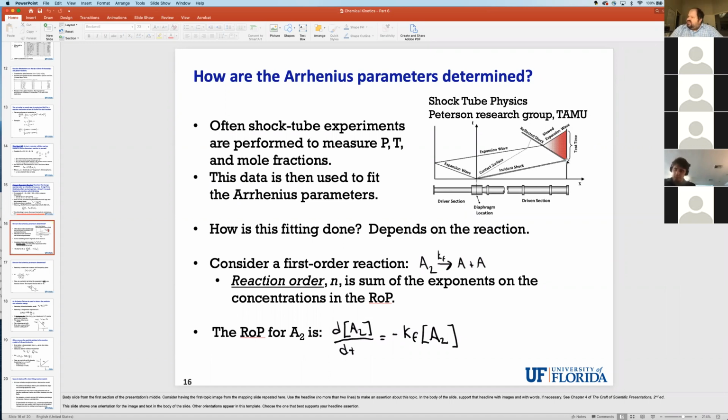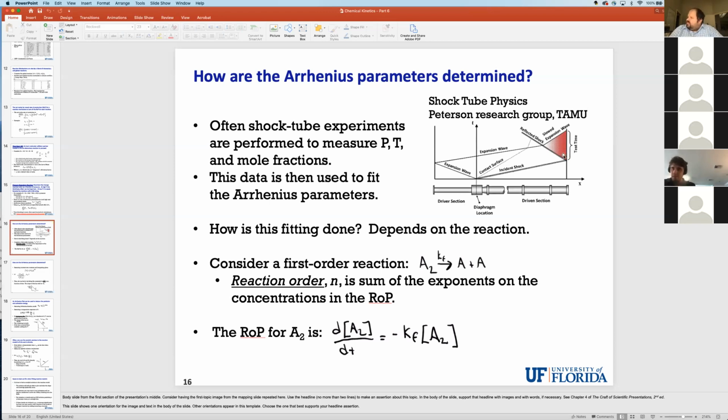That shock wave reflects off of the back wall, and in this sort of doubly shocked region here, you have higher pressure, higher temperature, stagnant gas nominally.